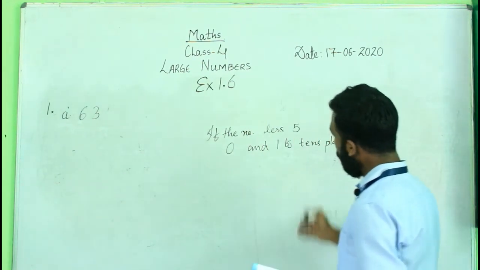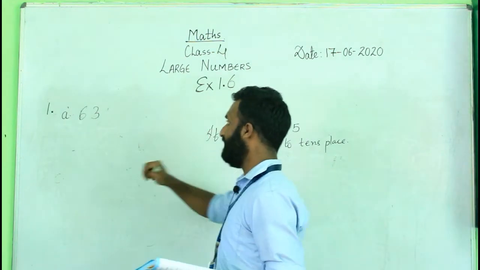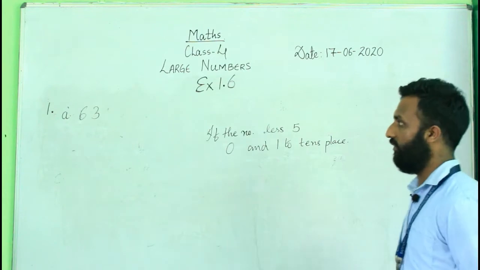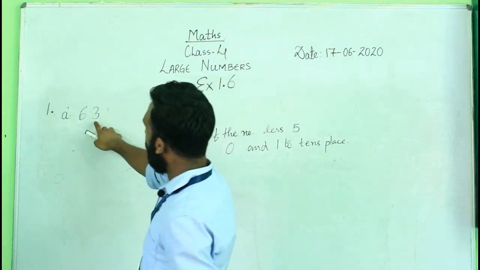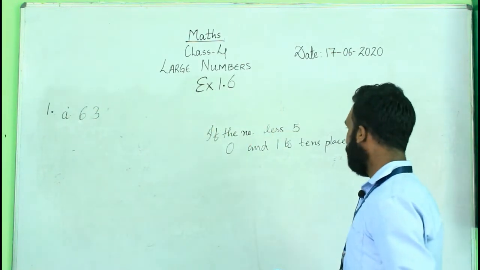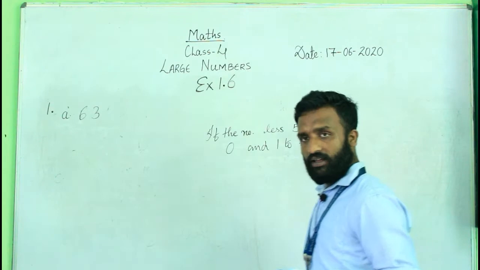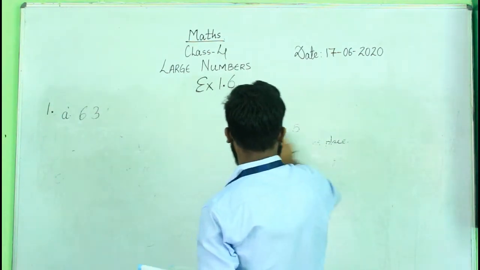Or if the number at the ones place is 5 or more than 5, then we will change the ones to 0 and add 1 to the tens place. So I am doing it and explaining how to do this.